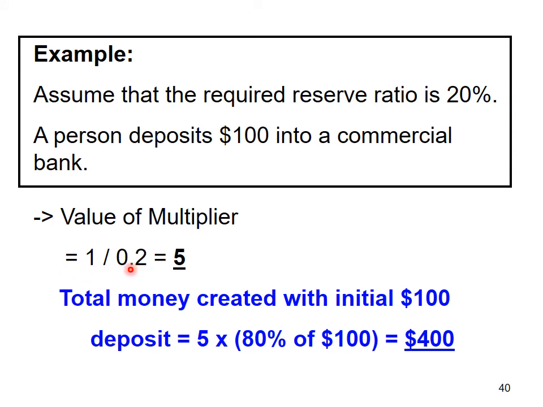The required reserve ratio is 20% here. Remember, we must use ratio form, so we use 0.2. 1 over 0.2, we have 5 times. So it's telling us that there's a multiplying effect of 5 times whenever a new deposit enters the system. So we use the 5 times what? The initial excess reserves.